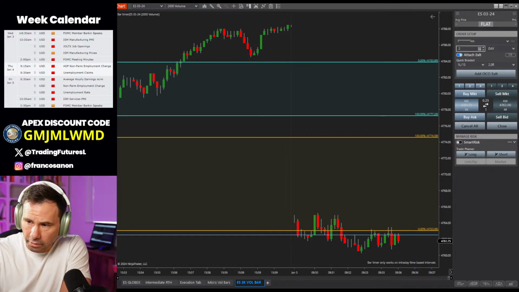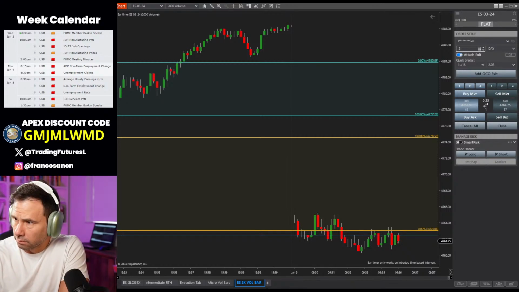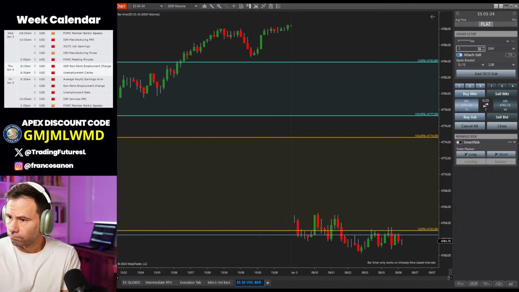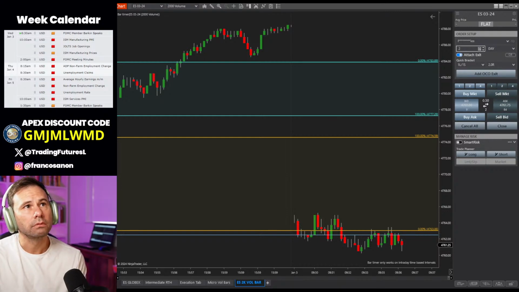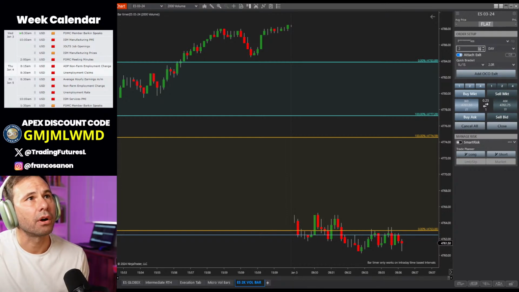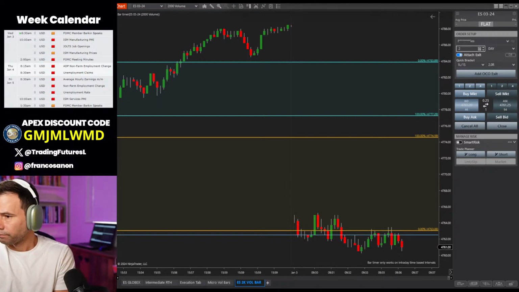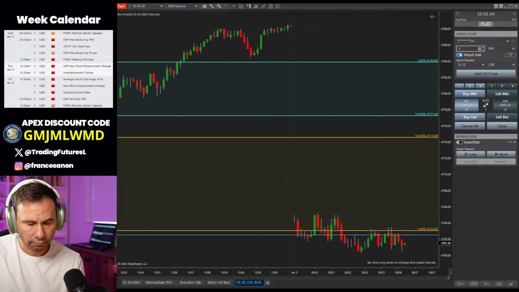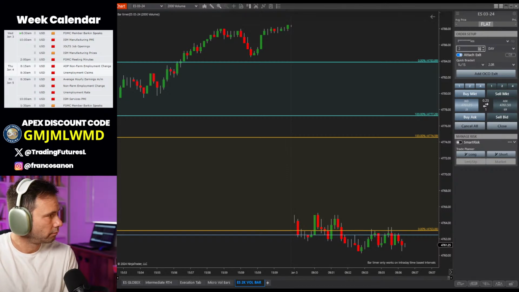All right, let's review the internals. The advance-decline is very negative though. You have the Russell dropping 1%, and the dollar continuing to climb.